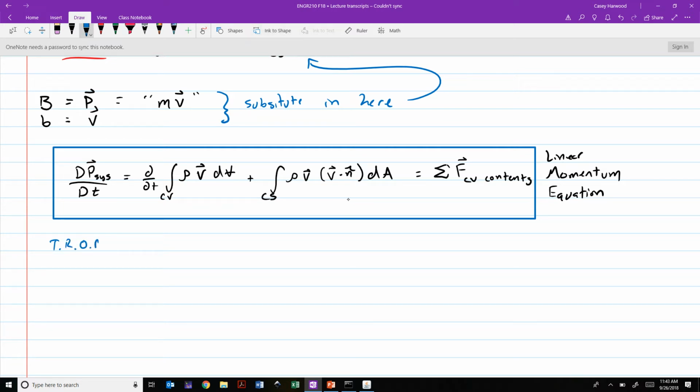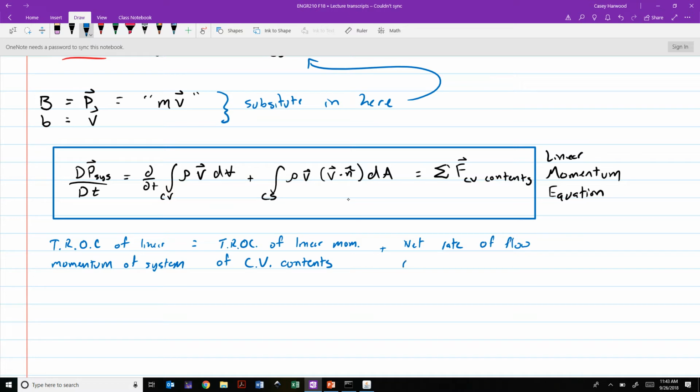We've got the time rate of change of linear momentum of a system is equal to the time rate of change of linear momentum of the control volume contents plus the net rate of flow of linear momentum across control surfaces, and then right here, the sum of forces on CV contents.